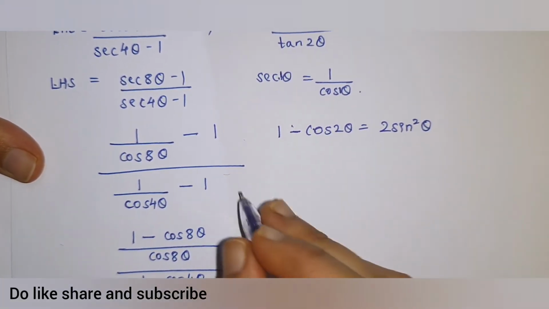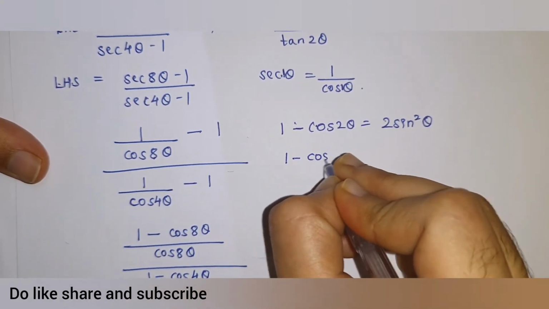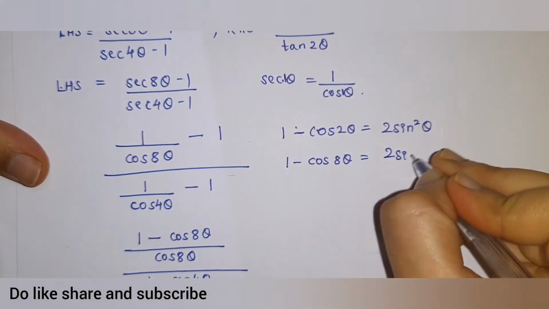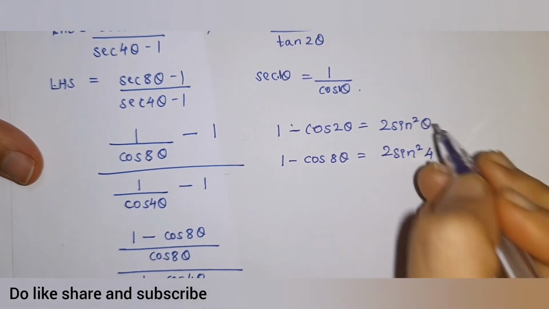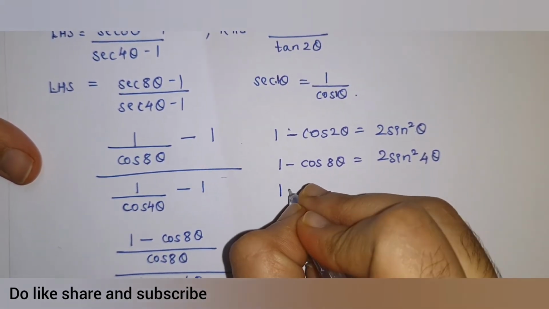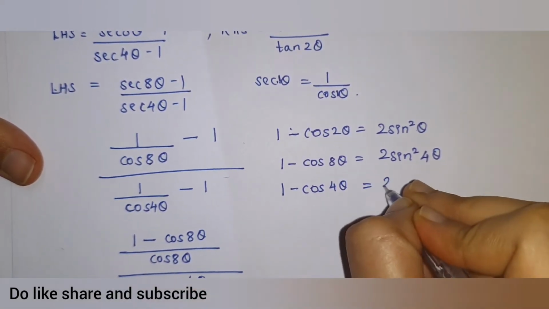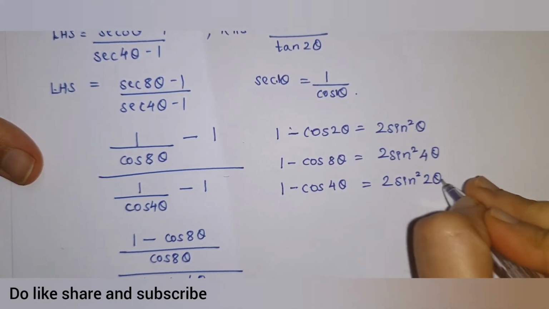So we substitute the value for 8 theta, so we get 1 minus cos of 8 theta is equal to 2 sine square of 4 theta. Here theta will become half, so we'll be getting 4 theta. And similarly for 1 minus cos of 4 theta, we'll be getting 2 sine square 2 theta.